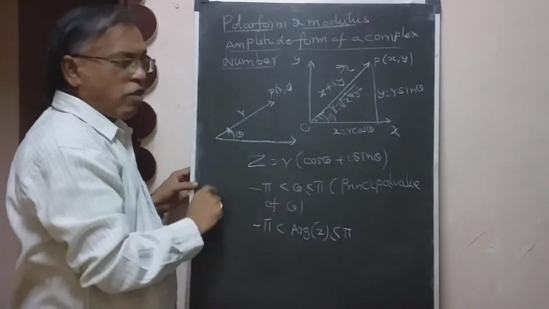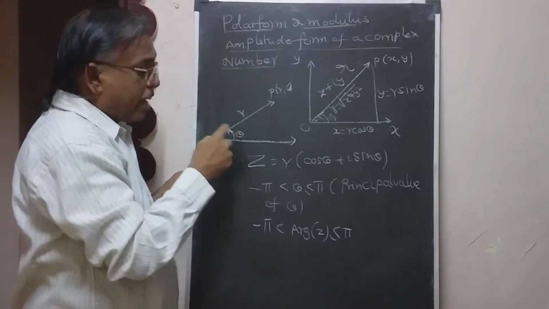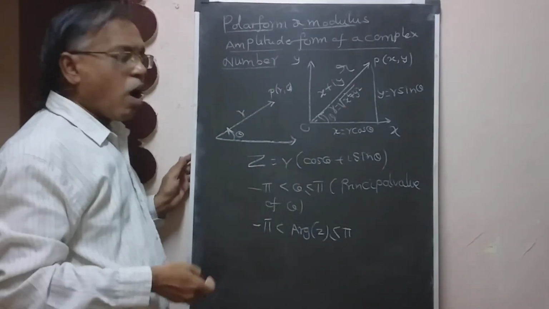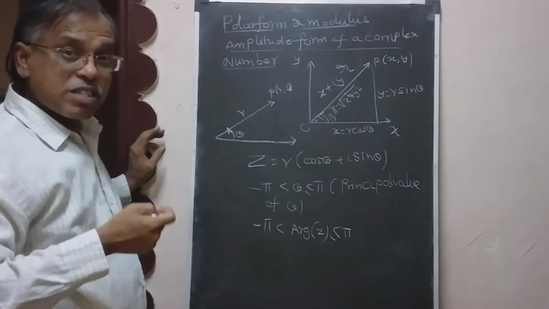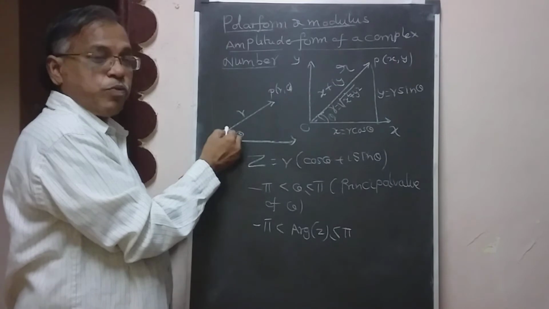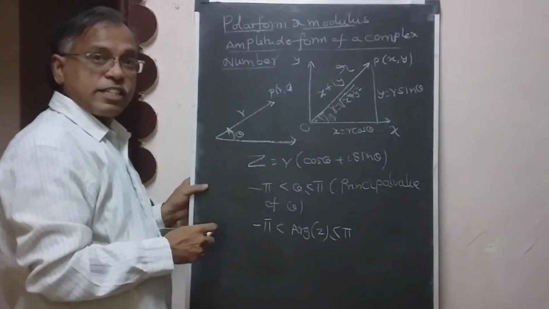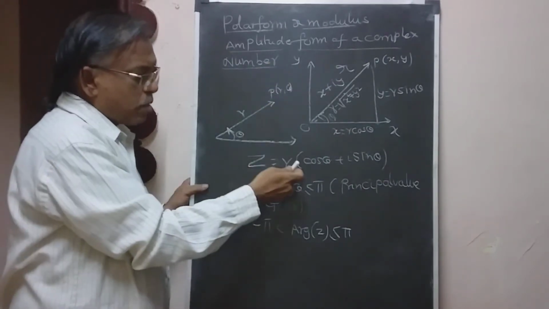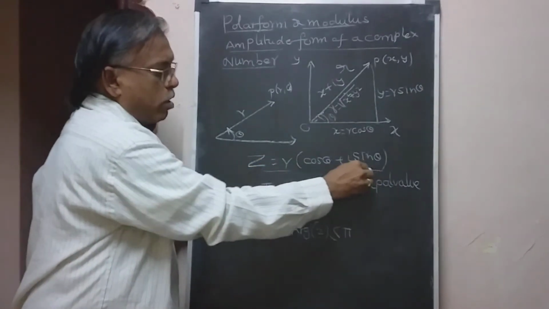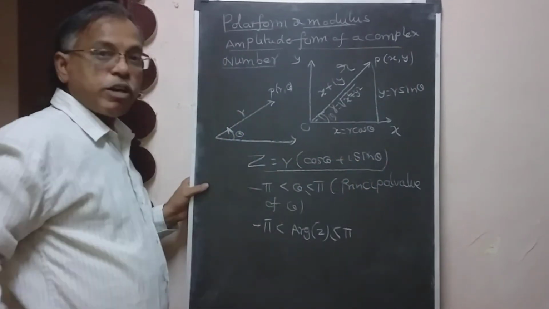That also you know the formula. And another one, the theta value. The theta is known as the argument of the complex number. The theta value should be measured in this direction from the positive direction of x axis. Then I can substitute the r value and theta value to find the polar form of the complex number.